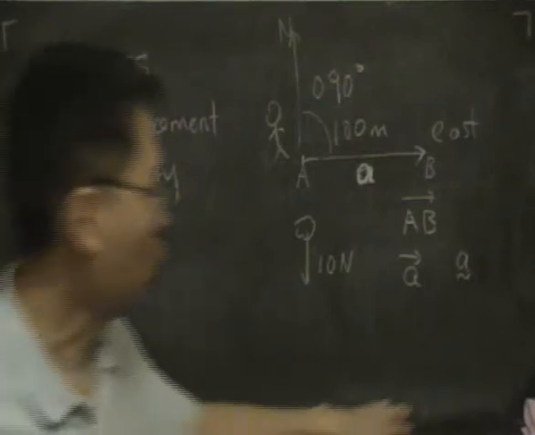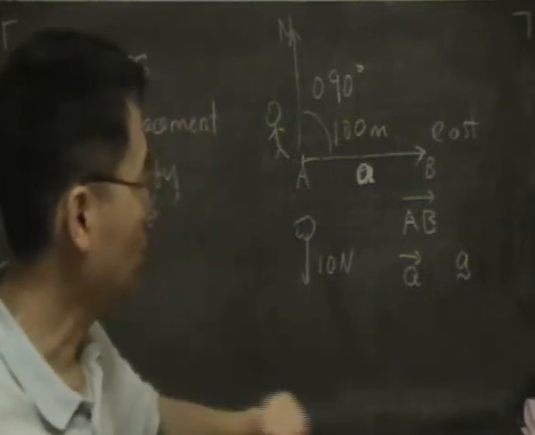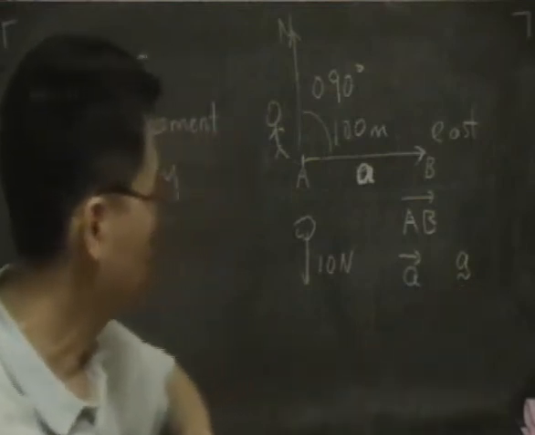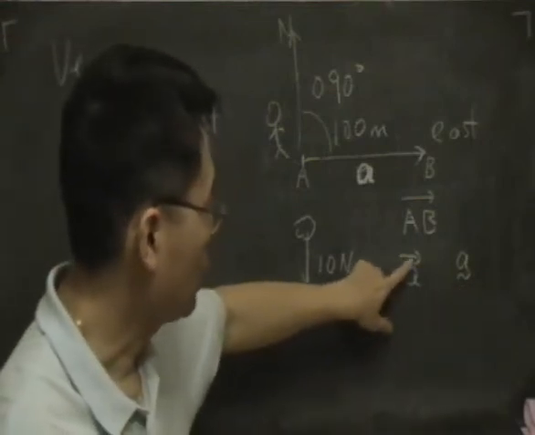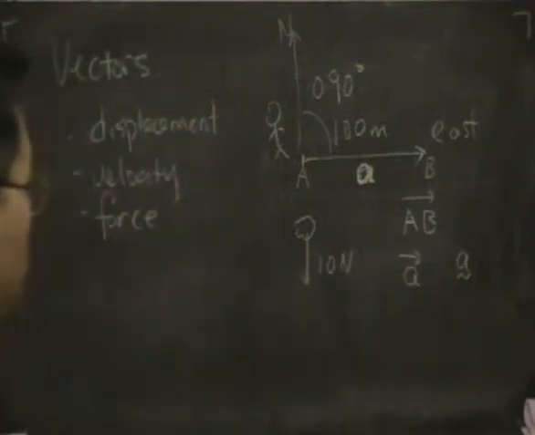Now I am more familiar with this notation, A with a squiggle at the bottom. So I'll use this in this session. But you can use A with an arrow on top as well. No problem.